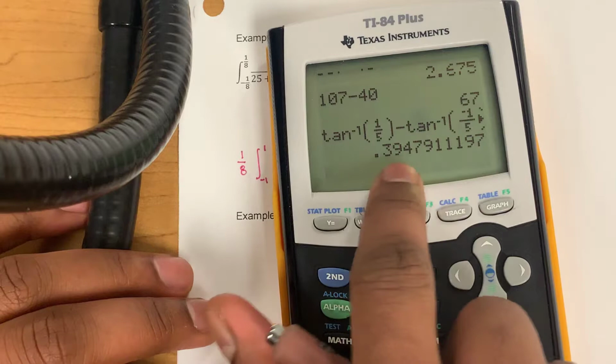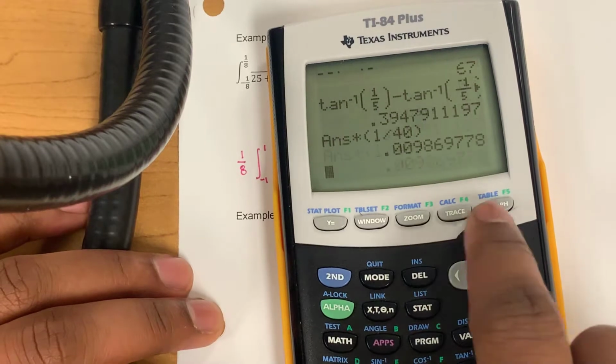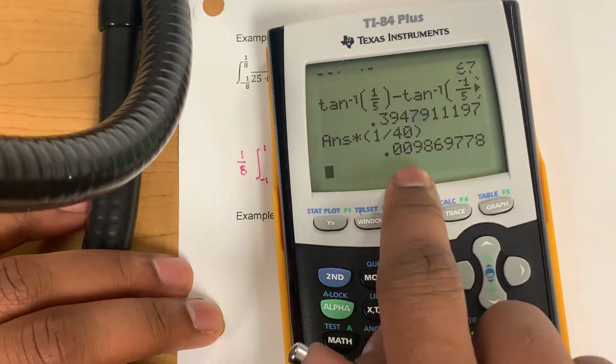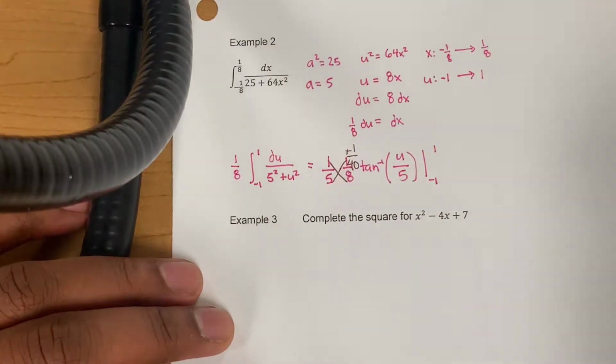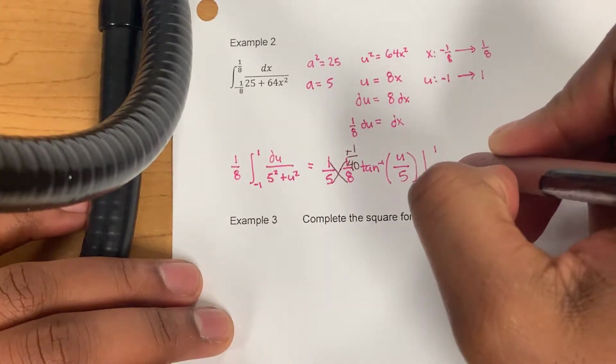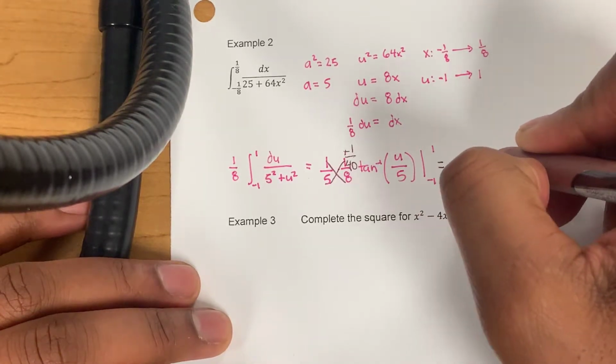And so it's that value, but then we multiply by 1 over 40, and we get 0.0099. We'll go with that. So this equals 0.0099.